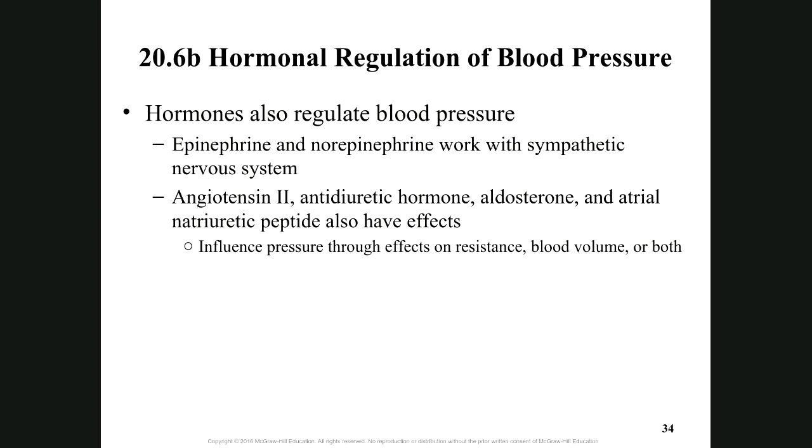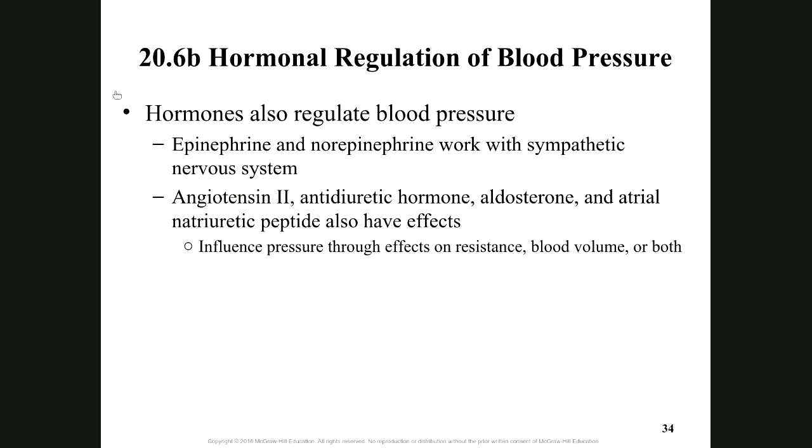Besides our central nervous system, we have some hormones from our endocrine system which can regulate our blood pressure. The epinephrine and norepinephrine, which are released from our adrenal medulla, can work with our sympathetic nervous system. And the other hormones are listed here.